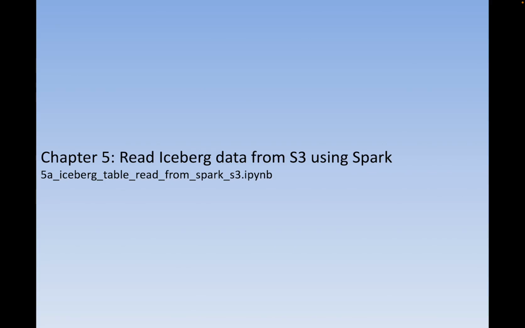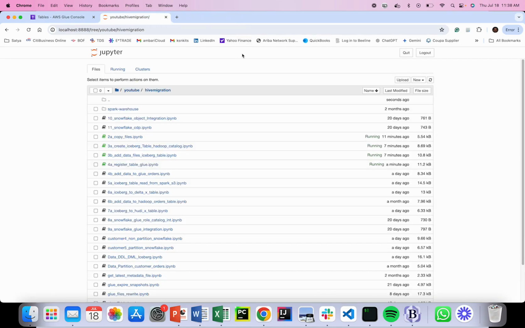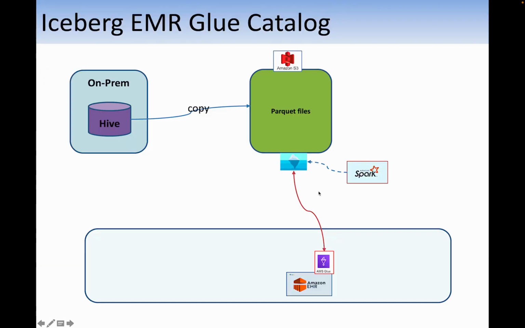Okay. So let's say I have a team. They want to read this. Someone keeps on updating, deleting, and other stuff, but I don't have access to Glue, and they want to read directly. For example, let's say this EMR is updating and deleting my Iceberg table, but the Spark guy has no clue when this EMR is updating, when it is deleting, and other things are happening here.